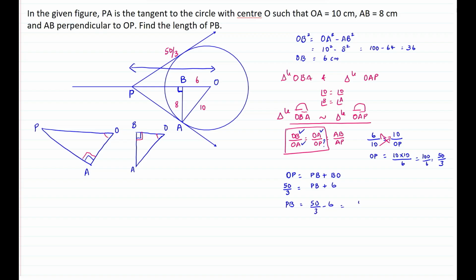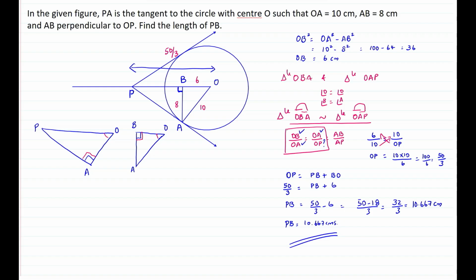We will take LCM. 50 minus 18 by 3 is equal to 32 by 3, which is equal to 10.667 centimeters. So this is the value of PB. Okay, 10.667 centimeters. Hope you understood the working of this particular problem.